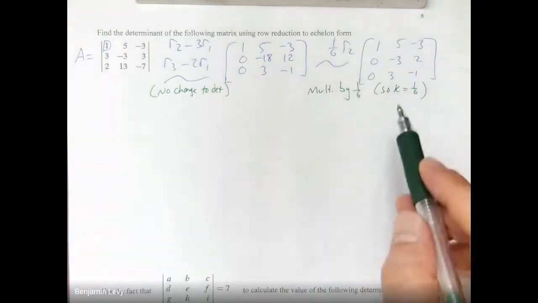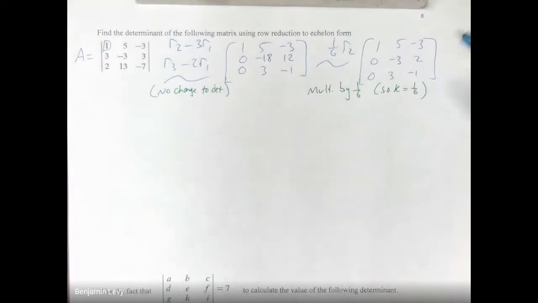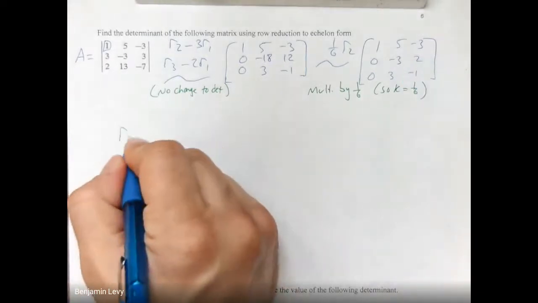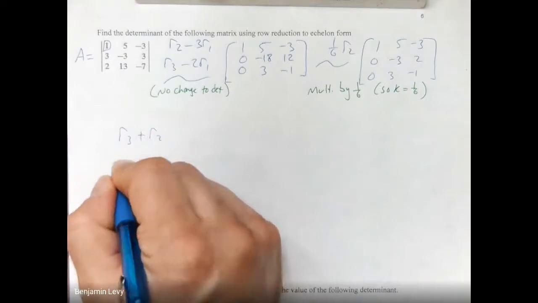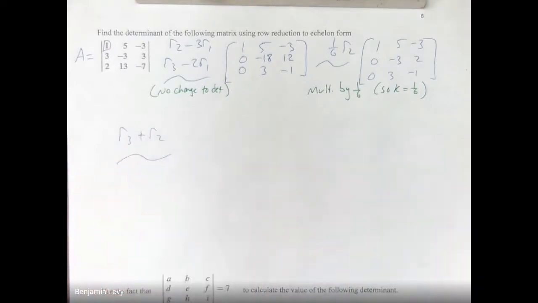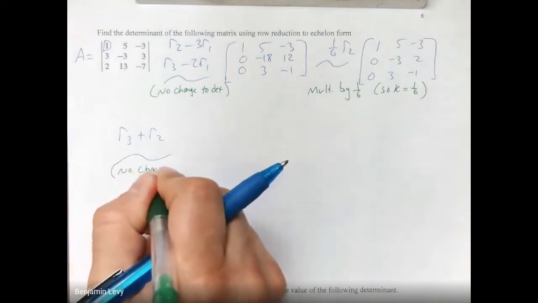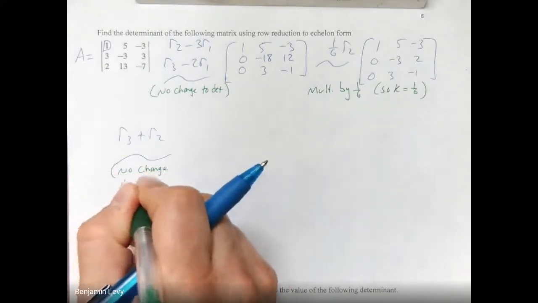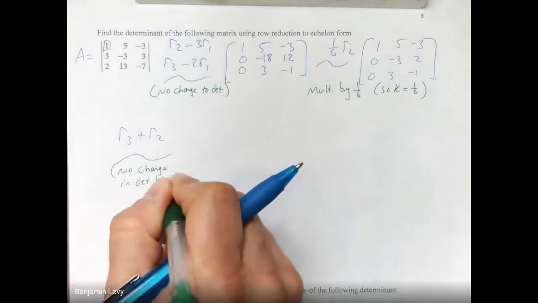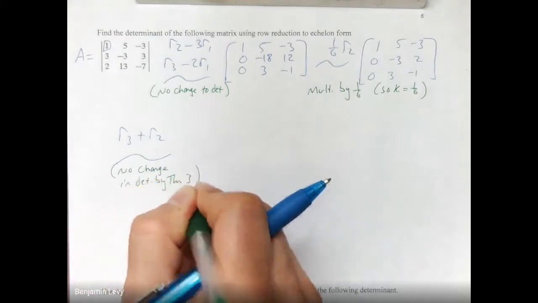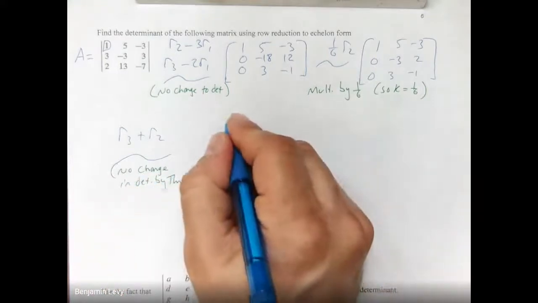So keep that in mind when we keep going here. And now I want to use this -3 to cancel that one out. So I'm going to do row 3 plus row 2. And this doesn't change the determinant because we're just adding rows. So it doesn't change the determinant by theorem 3.